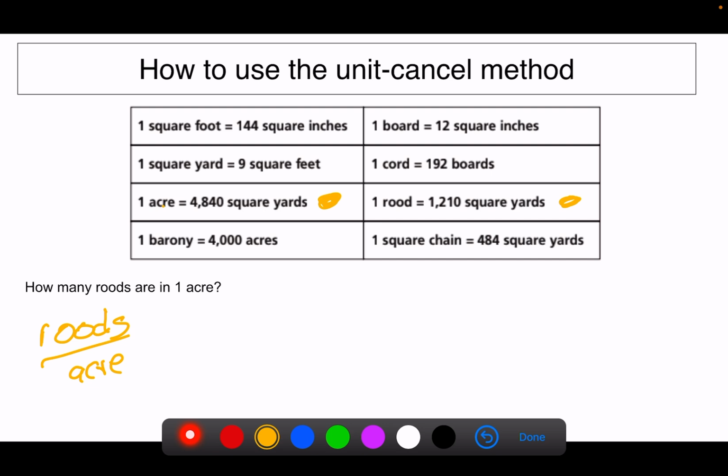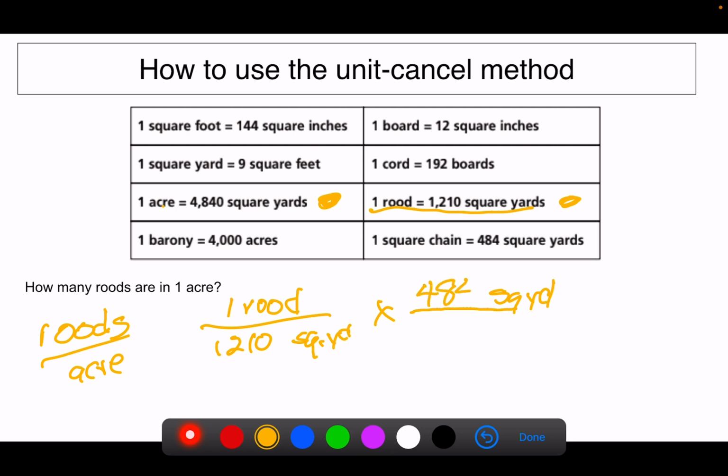First, we know that we want roods on top, so I'll put 1 rood over 1210 square yards times, and now I want square yards on top so they cancel. That's 4840. How do I know? Because I'm looking right here. And that's going to be 1 acre on the bottom. Simple ratios are given right out of the table.